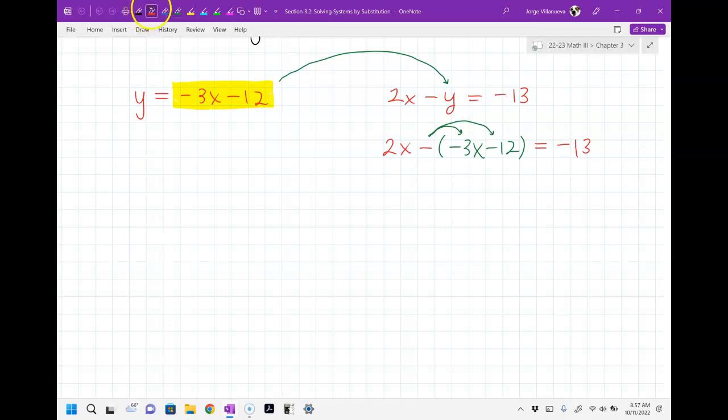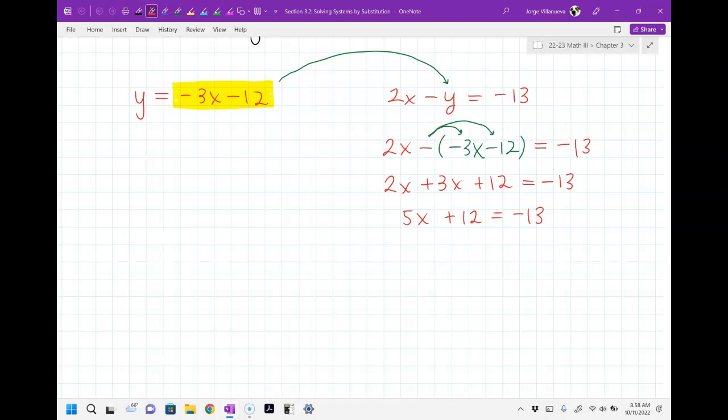All right, so let's go ahead and simplify here. We got 2x plus 3x plus 12 equals negative 13. Well, 2x plus 3x, that's 5x, plus 12 equals negative 13, right? At this point, you should be confident that you can solve this.